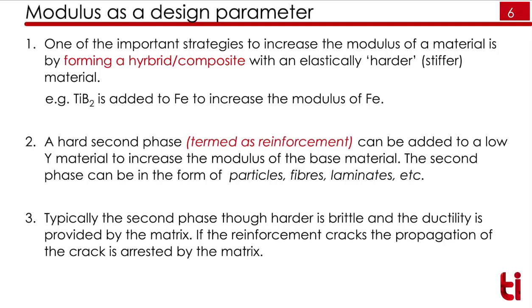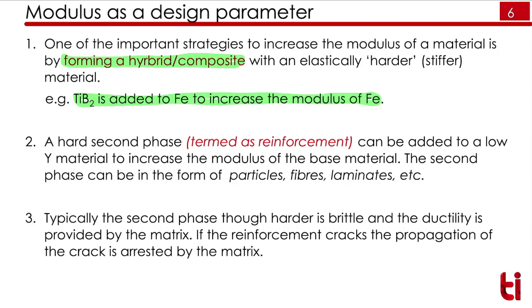So if you form a composite by addition of two different materials, we can tune the modulus of materials. For example, titanium diboride is added to iron to increase the modulus of iron, because iron is ductile in nature and has low Young's modulus as compared to TiB2.